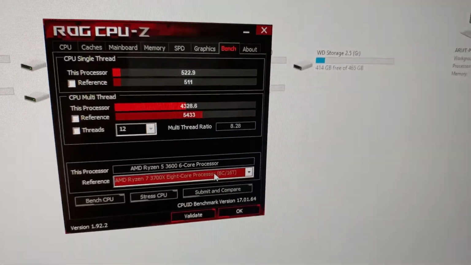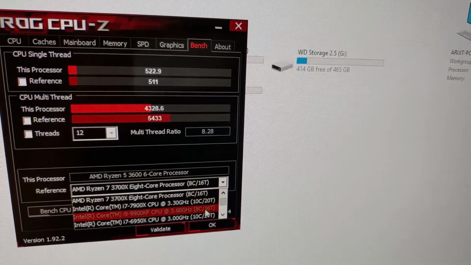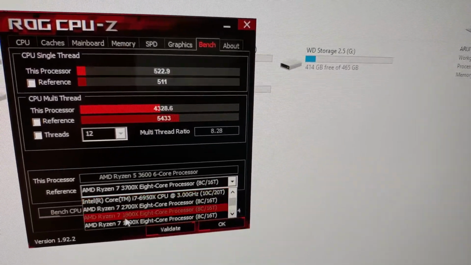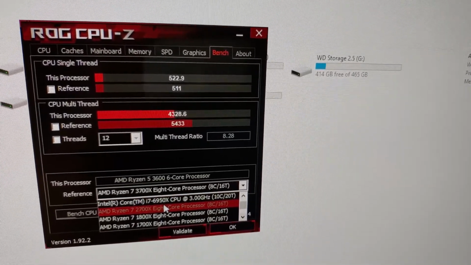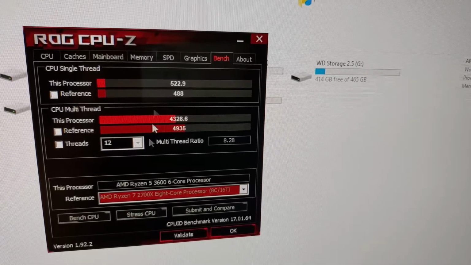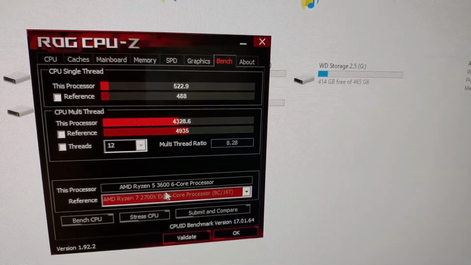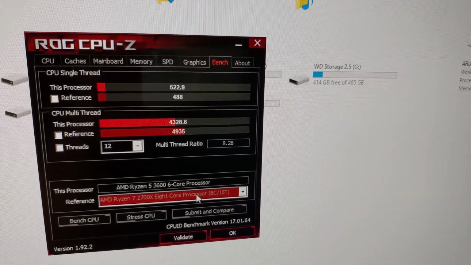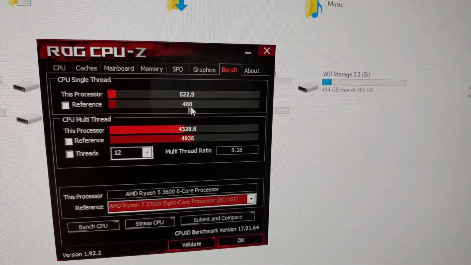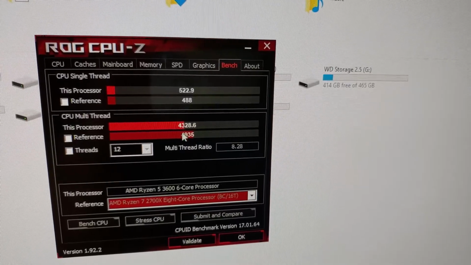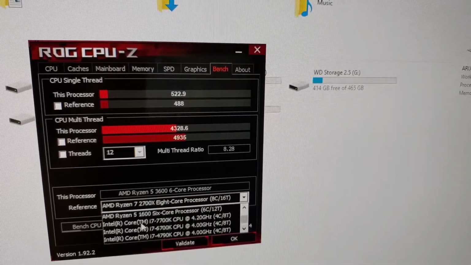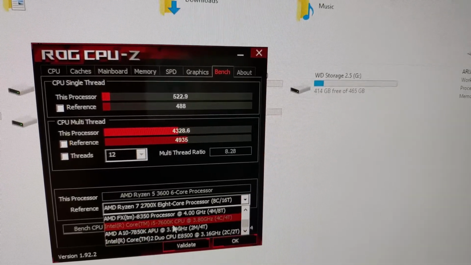Let us check if any other competing CPU is available for a fair competition. Let's say we take the last generation Ryzen 7 2700X, and you see we have almost caught up with an 8-core processor from just a generation back, and we are leading in the single thread benchmark as well. Let's check if any other competing CPU is there.